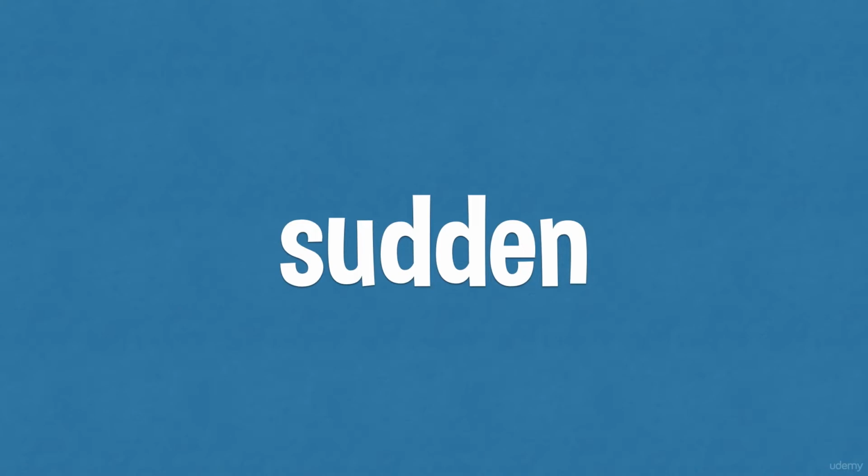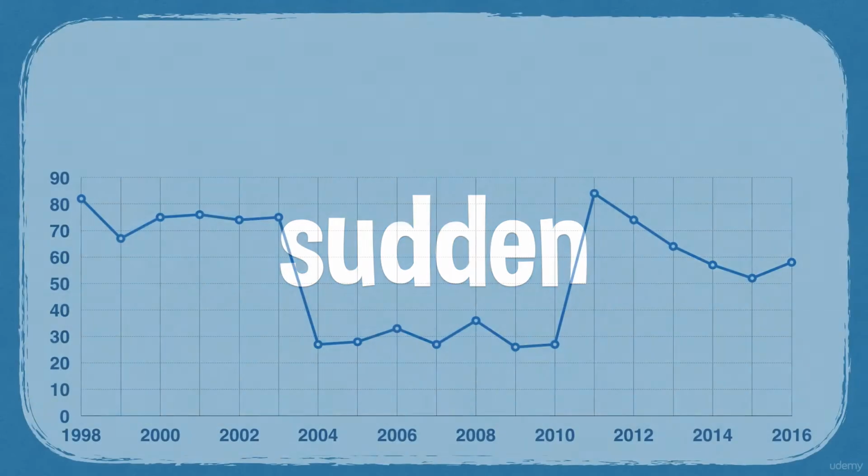Your next word is sudden, sudden. So sudden is for something that happens quickly, and also it suggests something that's a little bit unexpected. And it can be used for relatively minor changes.